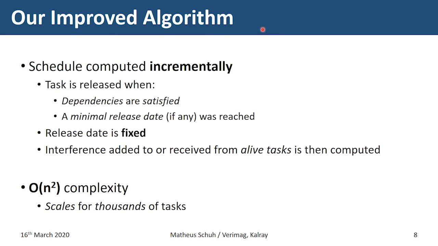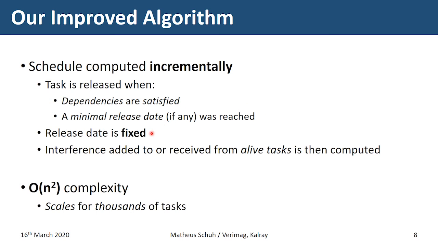Our improved algorithm takes a different approach and computes the schedule in an incremental manner. We use a notion of time cursor that progresses forwards in time, and we schedule one task at a time. We know that we can release a task when its dependencies are satisfied, and if we're after its minimal release date if it exists.